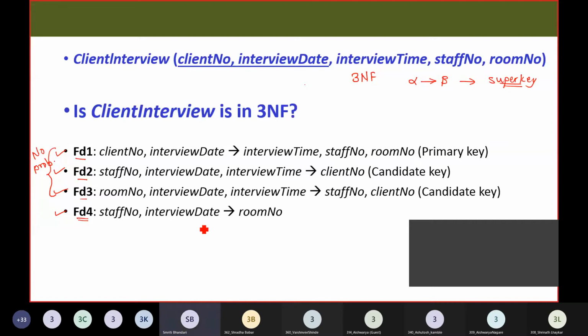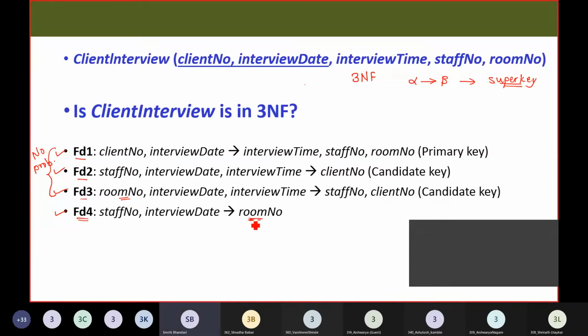Right? So even though staff number, interview date is not a candidate key for the relation, this functional dependency is allowed in 3NF, because room number, which is the right hand side of the dependency, is part of one of the candidate keys.